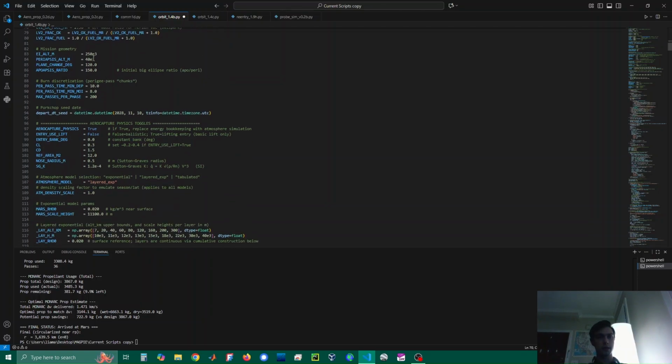And then important things, mission geometry. What do we want our final things to be about Mars? Well, I want my altitude to be 250 kilometers. That's what I currently have in the mission timeline. And we currently have a final inclination of 120 degrees.